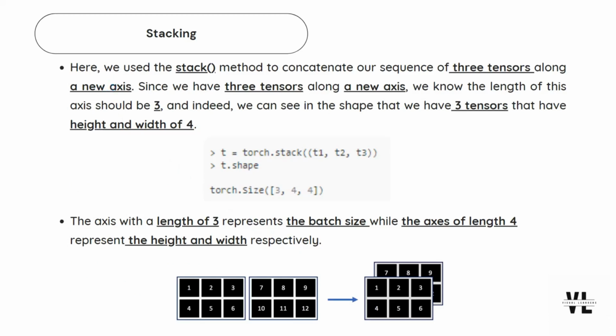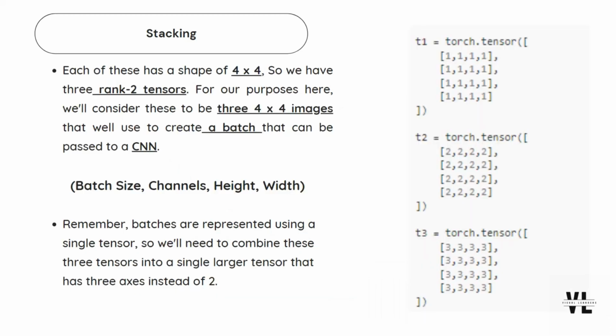Since the three tensors are separate, we need to combine them into one that contains three images with a height and width of 4 by 4. So the shape might be 3, 4, and 4.